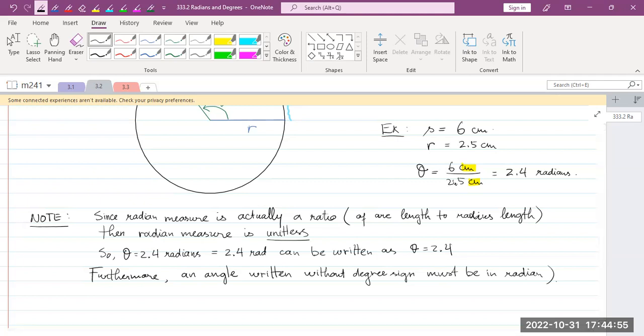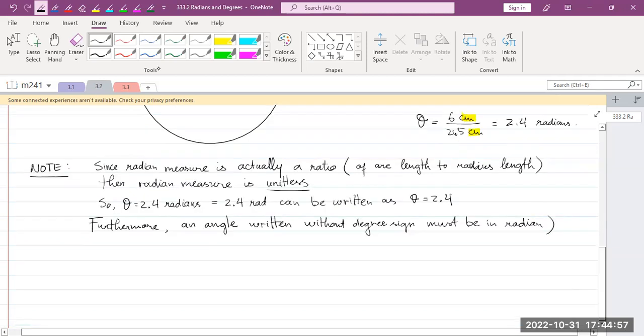With that said, let me write you this big warning. From now on, you need to be aware that, for example, when we write 30 degrees, this is not the same as 30. Because if you don't write the degree sign, then it must be in radian.